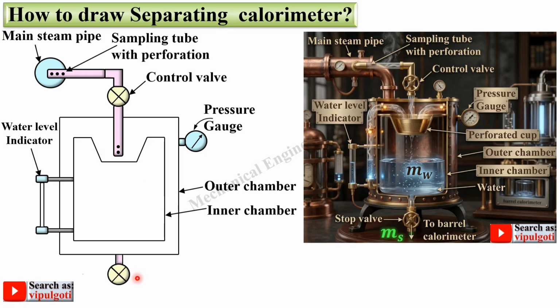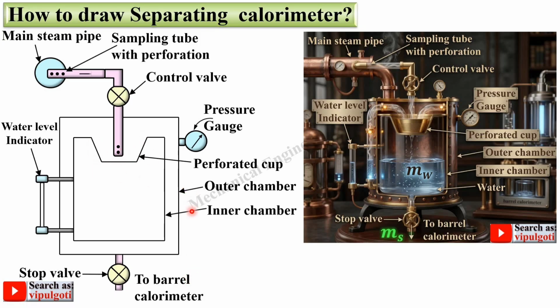This is the valve called the steam stop valve, and then steam goes to the barrel calorimeter. This is the perforated cup. Now let's see the animation. First the steam will flow from this main steam pipe, and this is actually the flow of the steam.